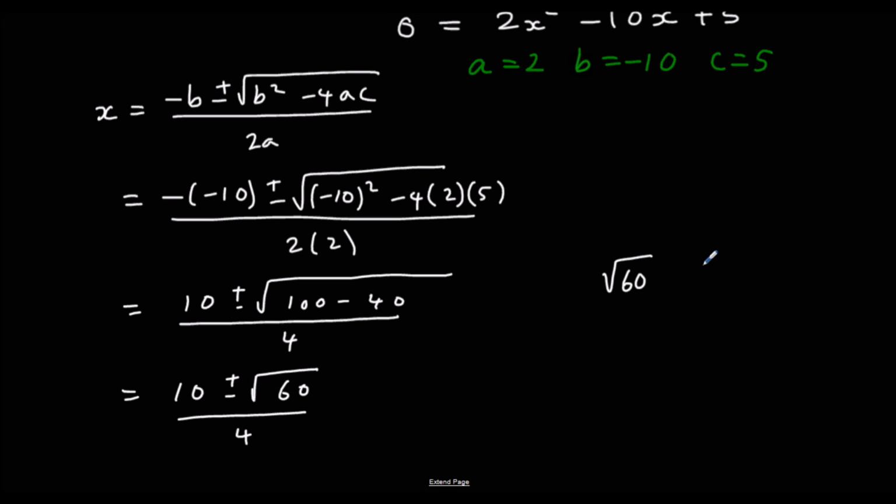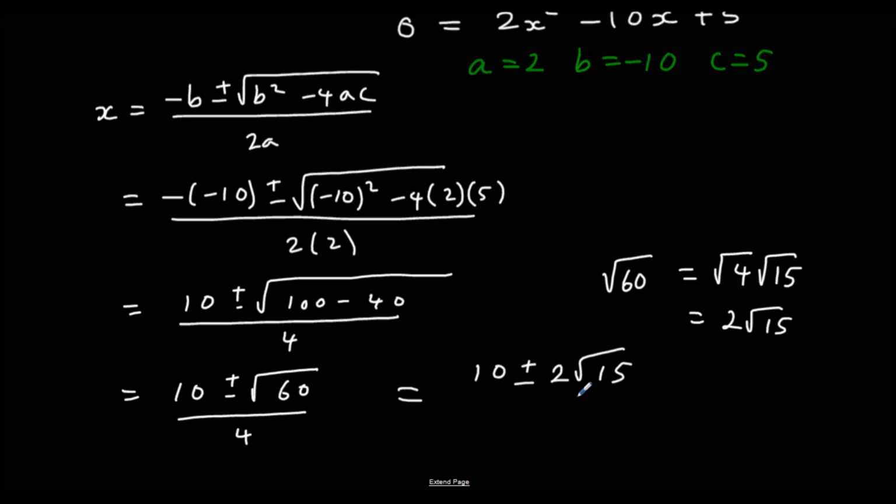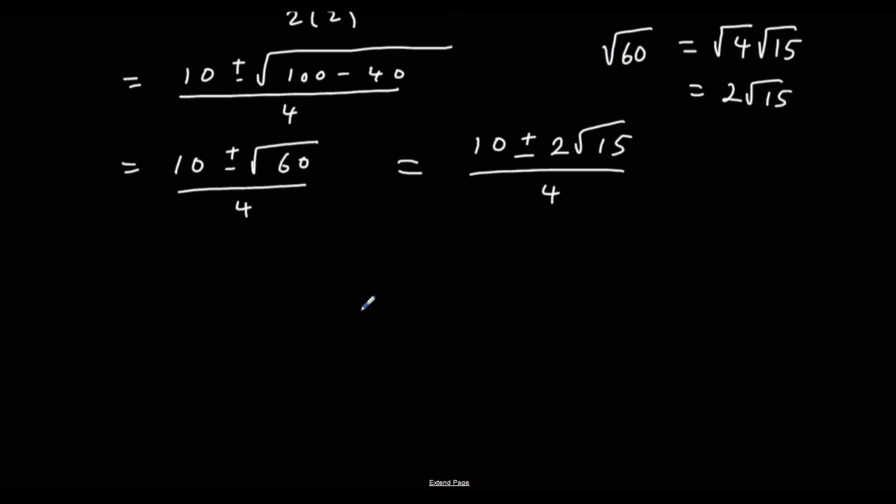So square root 60 is square root 4 times square root 15, which is 2 root 15s. So 10 plus or minus 2 root 15s over 4. And then I can halve everything, which will give me 5 plus or minus square root 15 over 2. And that is the answer.